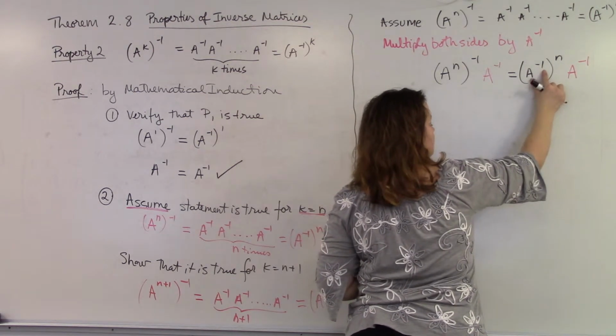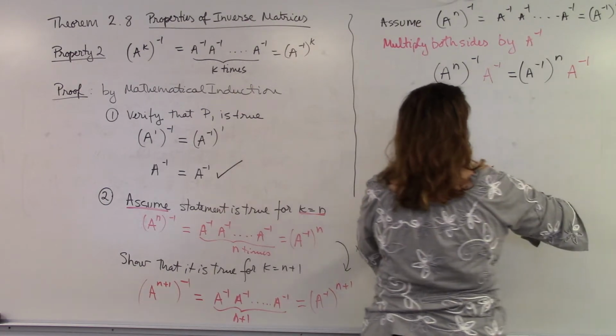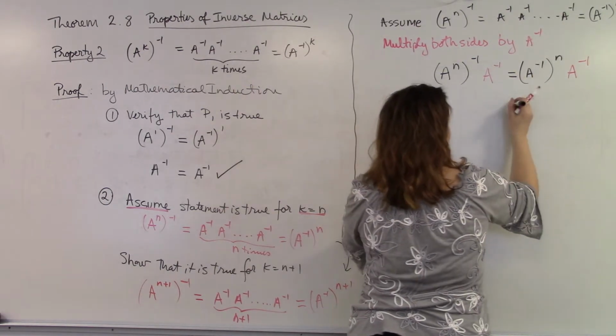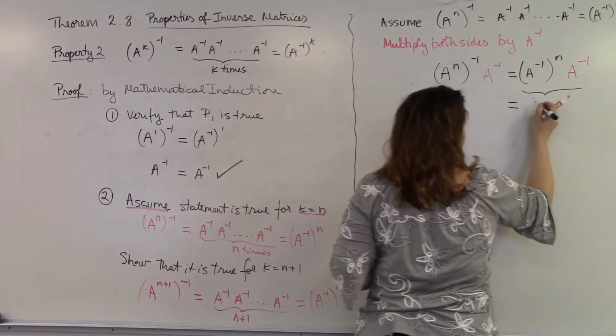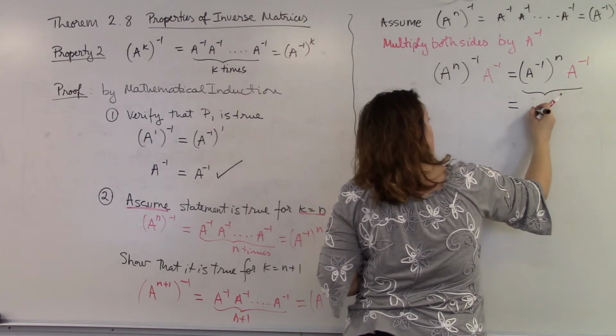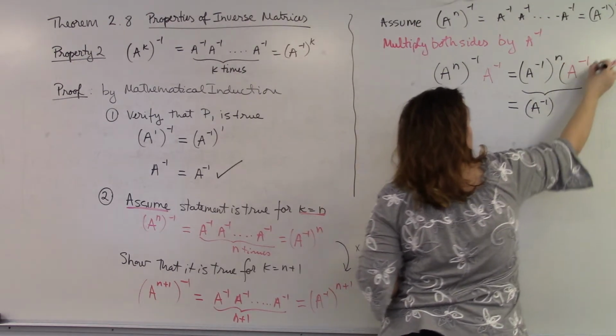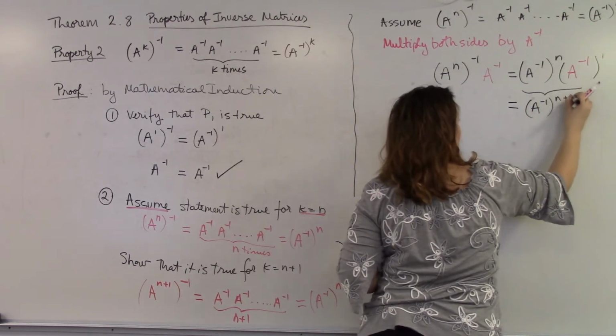We have A inverse to the n times A inverse. On the right-hand side, this is going to equal A inverse to the power n plus 1.